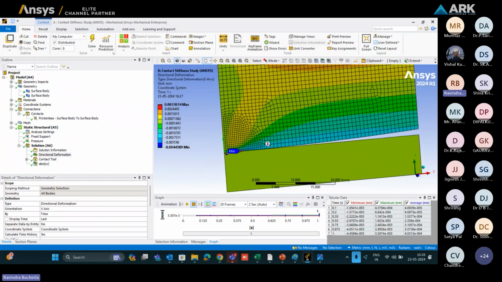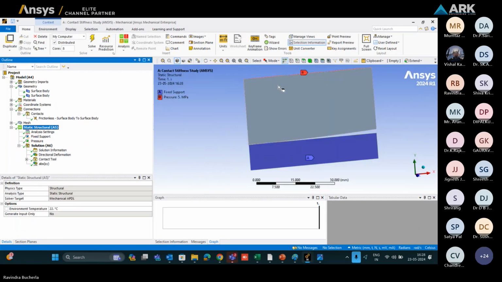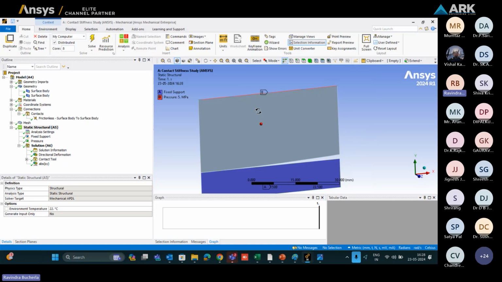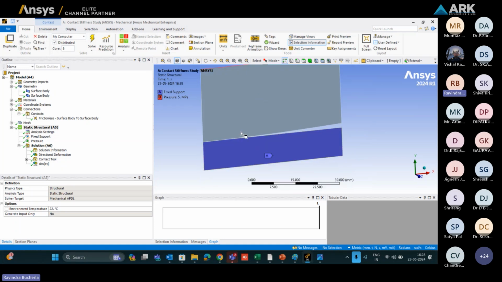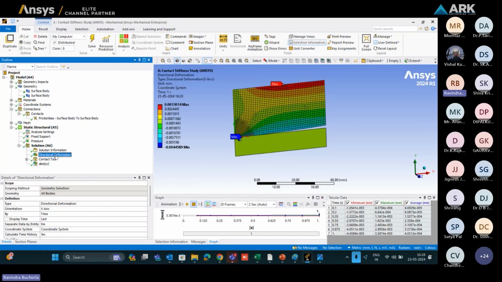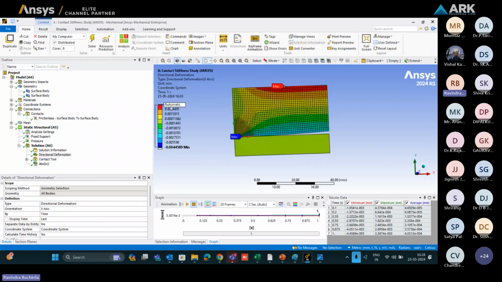Here we applied a pressure of 5 megapascal to the top body, and the bottom body is fixed. Because of this applied pressure, we are getting a deformation of 0.330 along the x-axis.